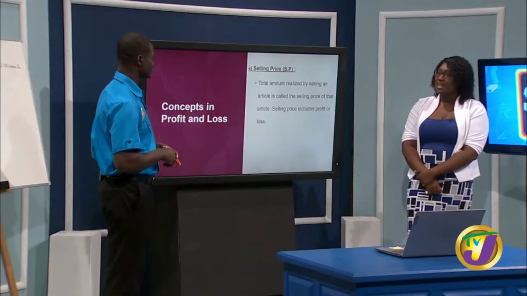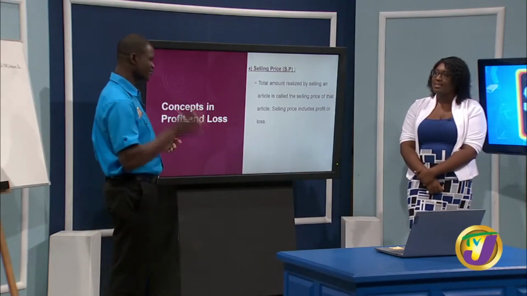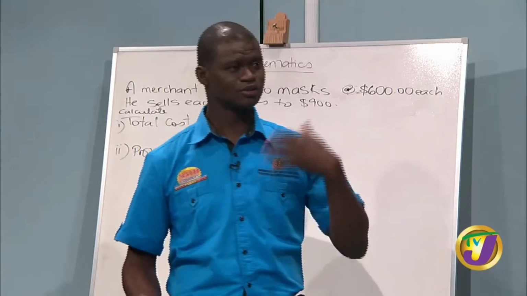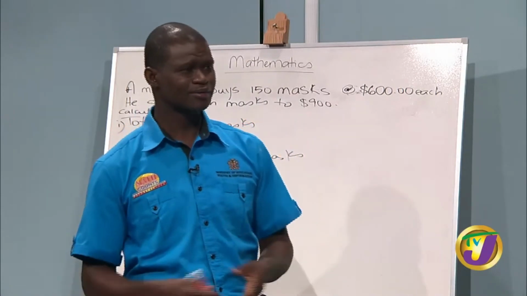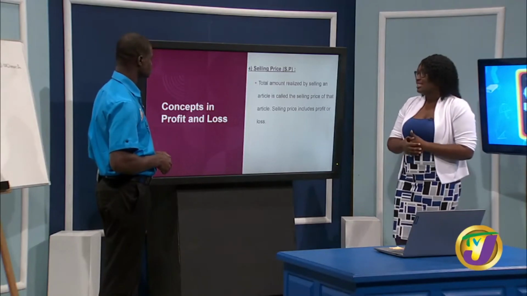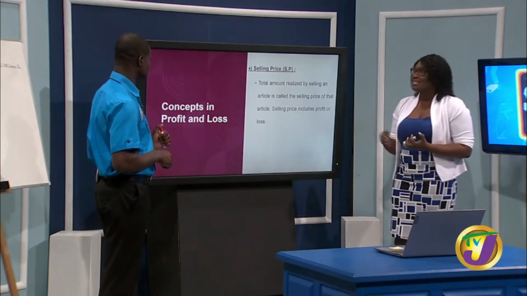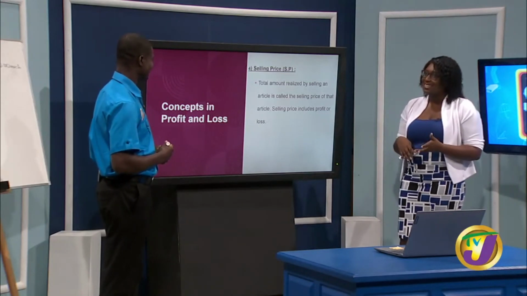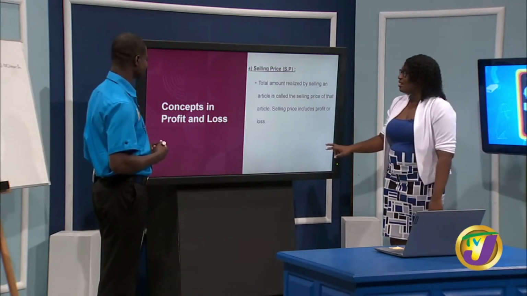So although percent is out of 100, you can still have more than 100% if you double or triple your money. Once I'm making some profit, it's going to be more than 100%. So I always like the profit. But if I lose some money, it's going to be less than 100%. Alrighty.